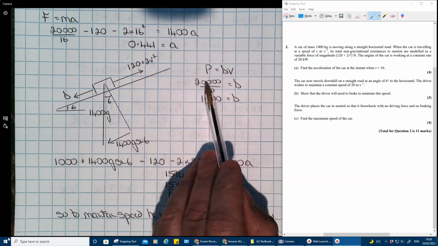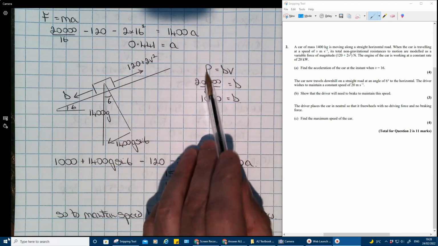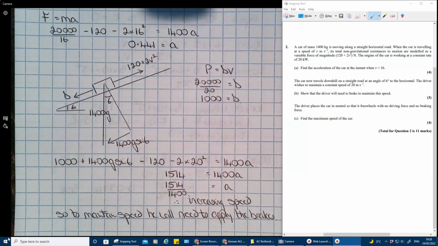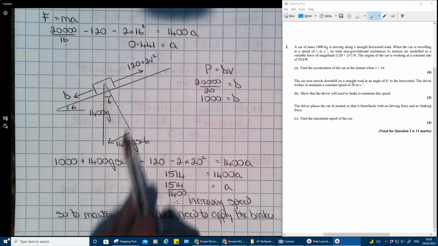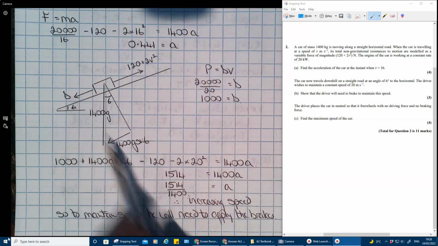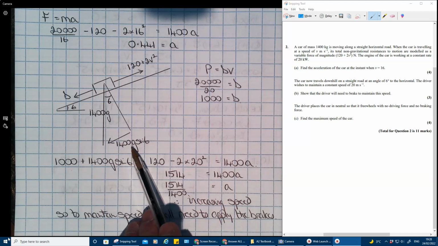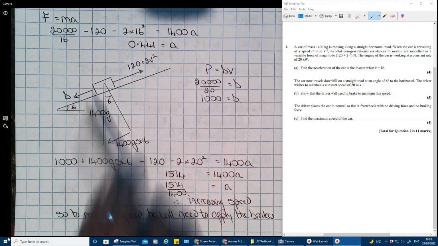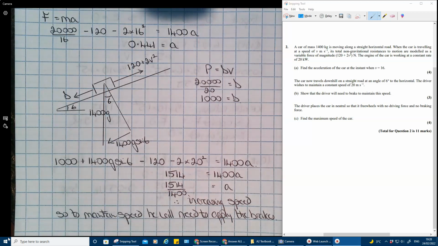Sorry, not joules, 20,000 Newton meters per second. If the engine was switched off, we wouldn't have this scenario. But if the engine was switched off, you'd still find that this is greater than this, so you'd still need to brake.